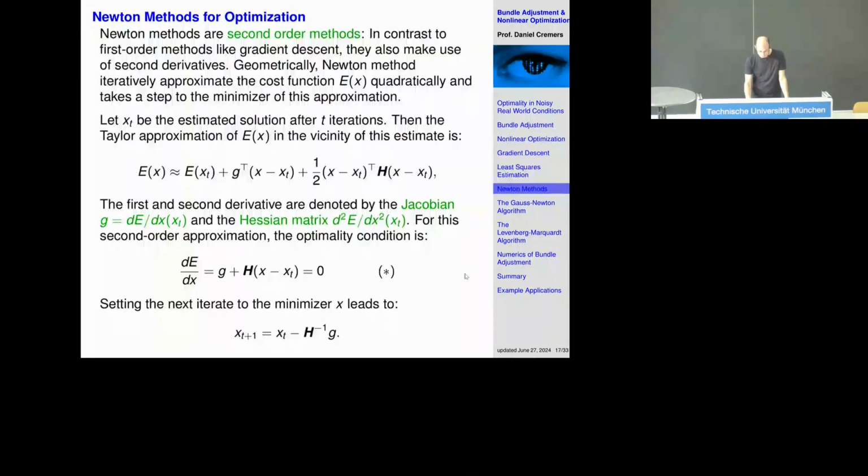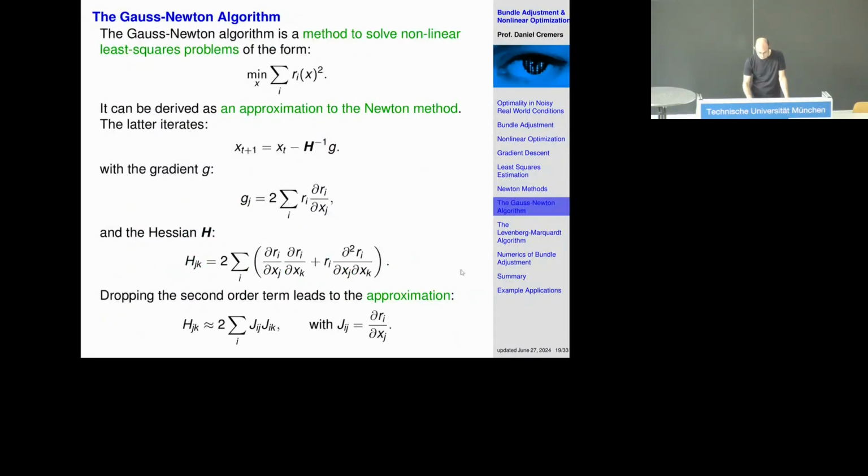And so if you write this more compactly, you can write these residuals as ri squared, squared residuals, summed over i, right? So the summation over i would be the number of images times the number of points. So that's the number of terms in the summation. And then we have all these residuals that depend on our vector of unknowns x.